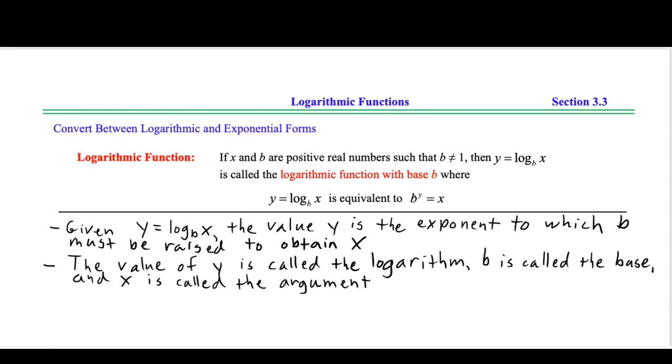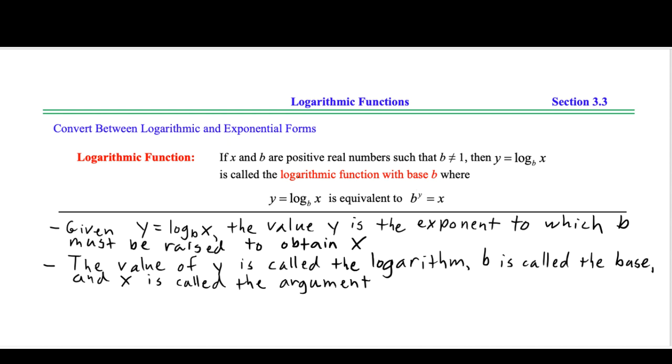The expression y equals log base b of x and b raised to the power of y equals x both define the same relationship. Both are ways of relating the same quantities between x and y. Y equals log base b of x is called the logarithmic form, and b raised to the power of y equals x is called the exponential form.